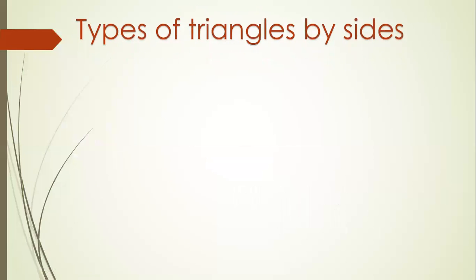Now depending upon the sizes of the sides, there are three types of triangles. Now this is one triangle where one line is here, two lines are on the other side and three lines are on the other side. That means this and this and this, these all three are of different sizes.